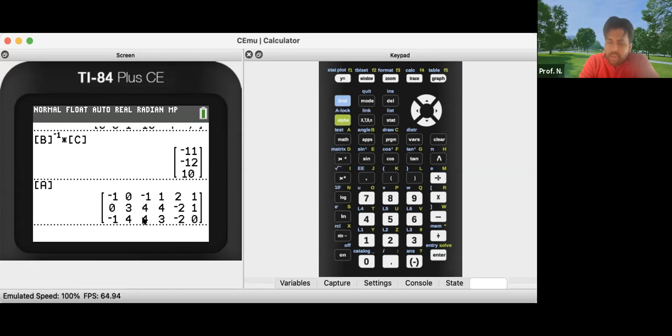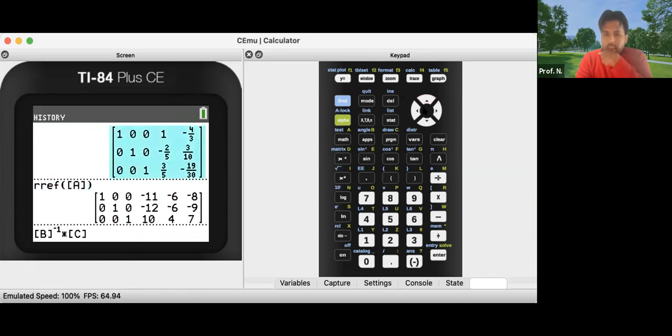Then I performed row reduced echelon form, and look what I got. I got the identity submatrix 3x3 on the left of that invisible line, and on the right you have the transition matrix, which we found.